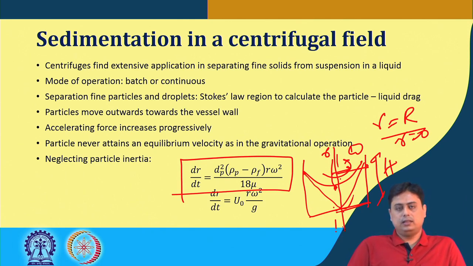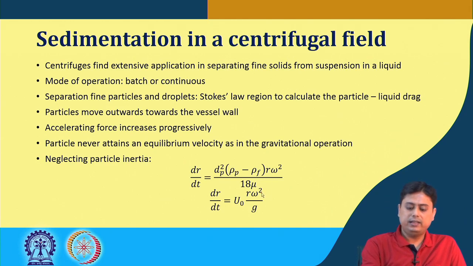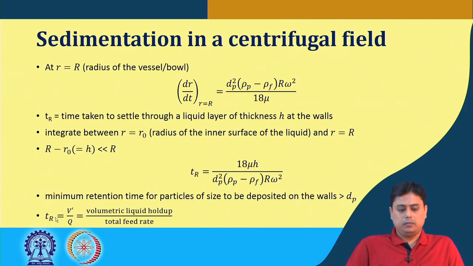So if this is the flow field, then we can write this expression in terms of the single particle terminal velocity, this is the u0, and r omega square by g. Now let us say this R, as I mentioned, is the radius of the vessel.